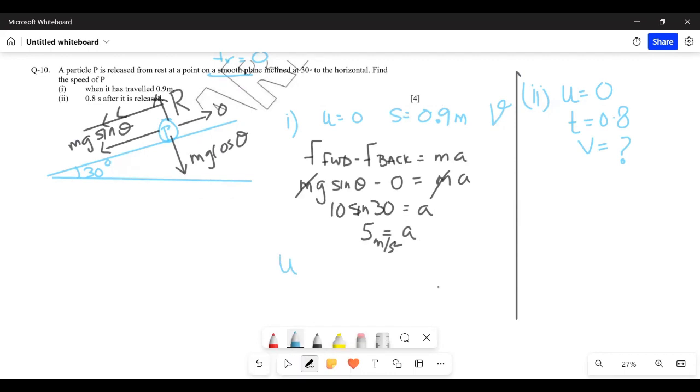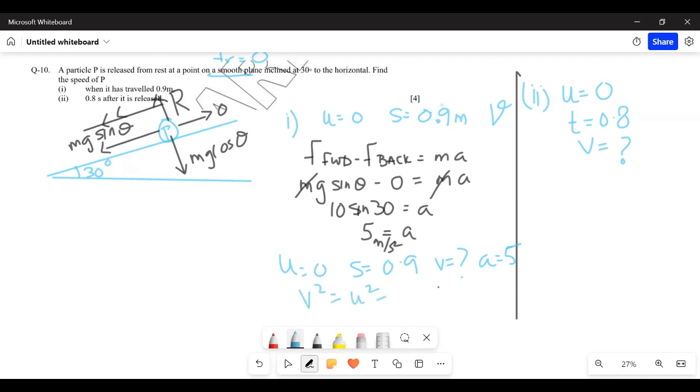So U is 0, S is 0.9, V is the question mark, A is 5. Which equation of motion should we use here to find V? Something that gives us V from U, S, and A. V squared equals U squared plus 2AS.